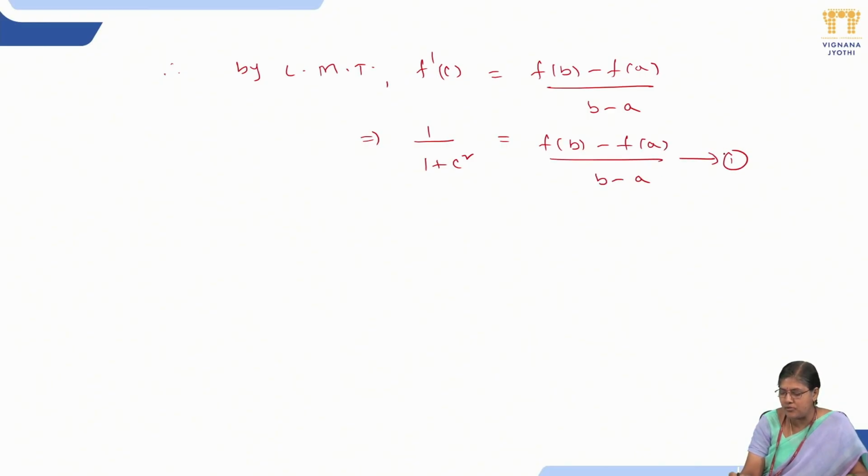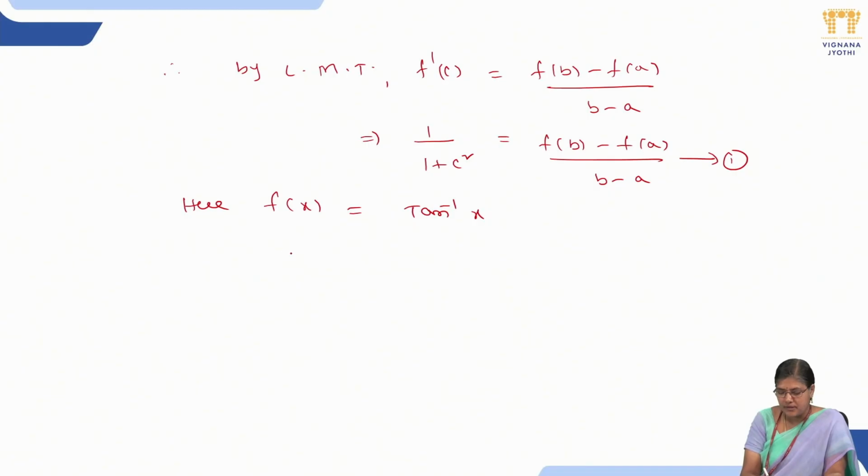Take it as equation number 1. We can calculate f of b and f of a values by using the given function. Here f of x is equal to tan inverse x. That implies f of b is equal to tan inverse b.